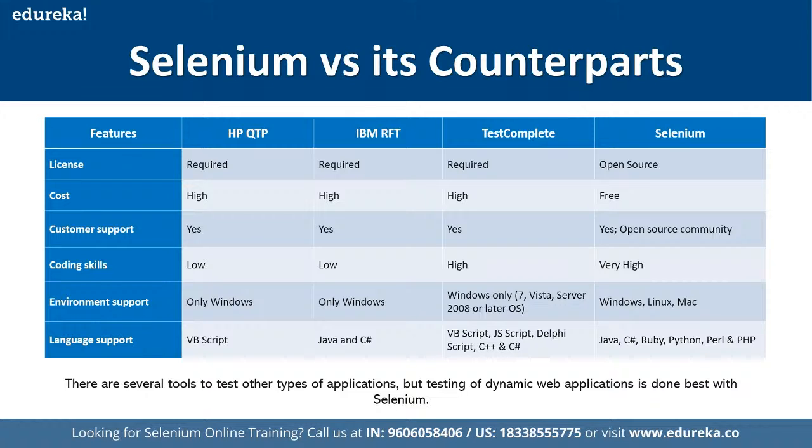Customer support wise, yes, I do agree. All three are at a better stage because of the premium support that they give you. But when it comes to speed, the kind of response you get from the open source community of Selenium is much better, as per my experience.